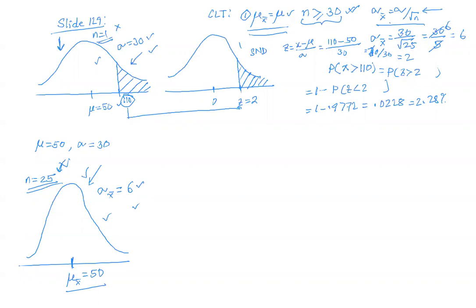Next problem is: find the probability that 25 randomly selected persons spend more than 120 minutes on social media. Okay, I'm going to change it a little bit here. Let me just go ahead and change it. I want to keep it the same level.